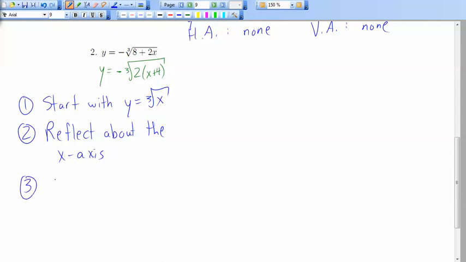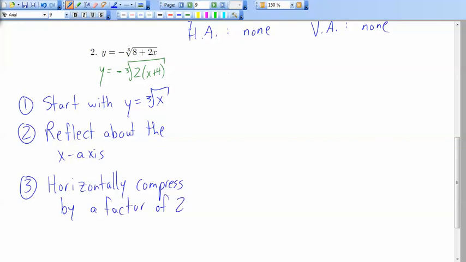So that tells us to horizontally compress by a factor of 2. And lastly, we have that horizontal shift. So we're going to shift 4 units to the left. It's inside of the heart of the function. It's a horizontal shift. All right, let's draw our graph here.